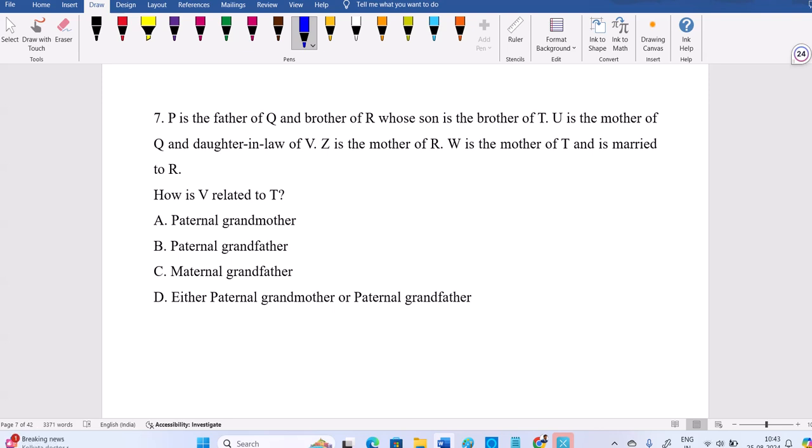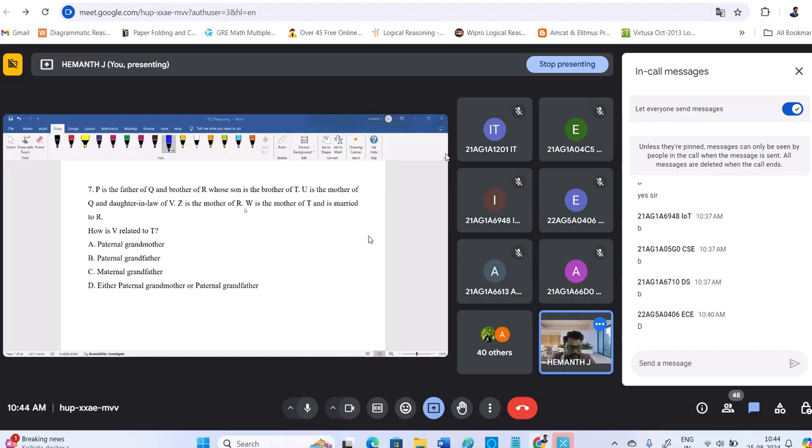U is the mother of Q. So if you draw a diagram, what answers did you people get? We have to solve within a minute here. Have pen and paper and do it.